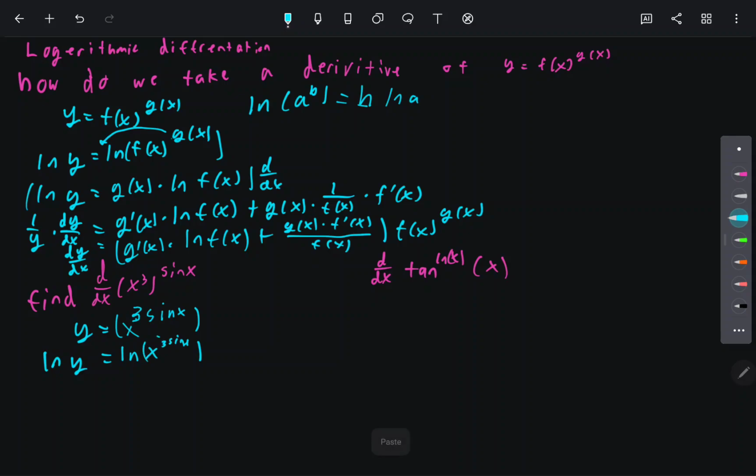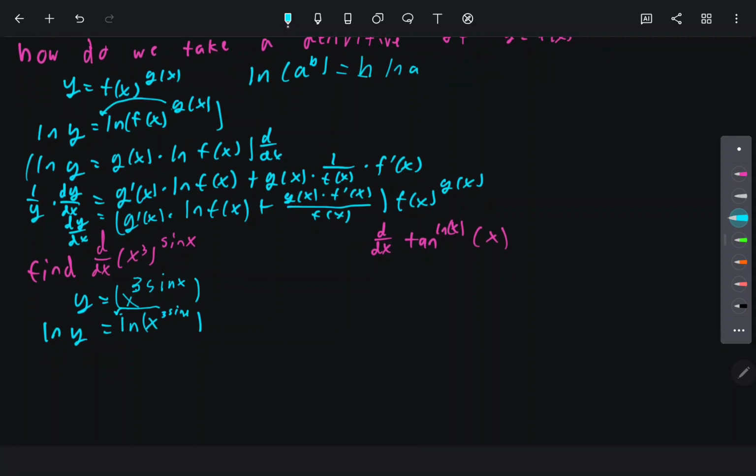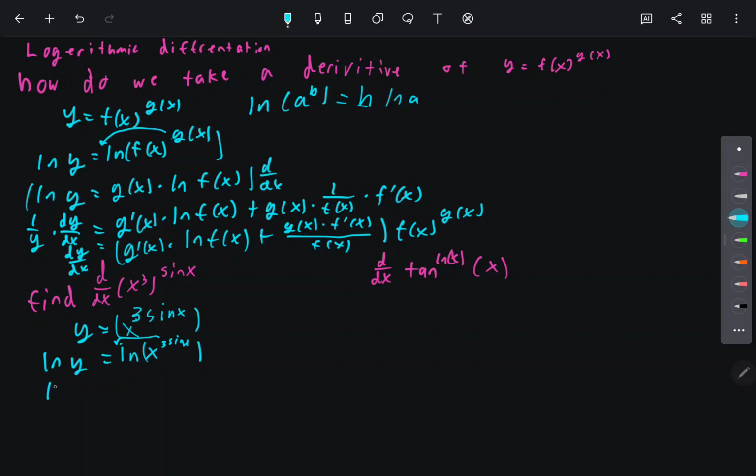Alright, now we use our properties of logarithms to bring this down, so we get the natural log of y is equal to 3 sine x natural log of x. Now I just have to take the derivative with respect to x of both sides.